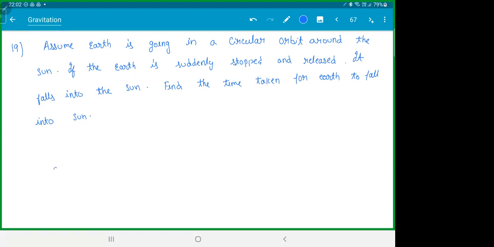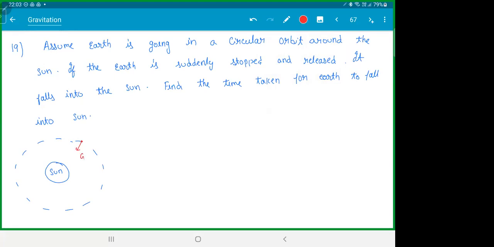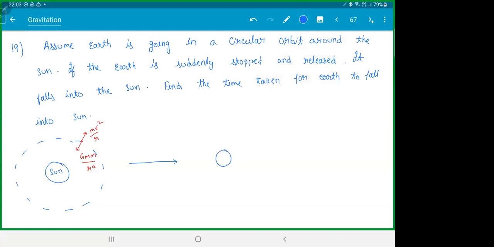So basically what is happening, right? This is the sun. This guy is going in an orbit. So at any point of time, the attraction force GMm by r square was actually being balanced by the centrifugal force mv square by r. And then somehow the Earth was stopped for a moment.